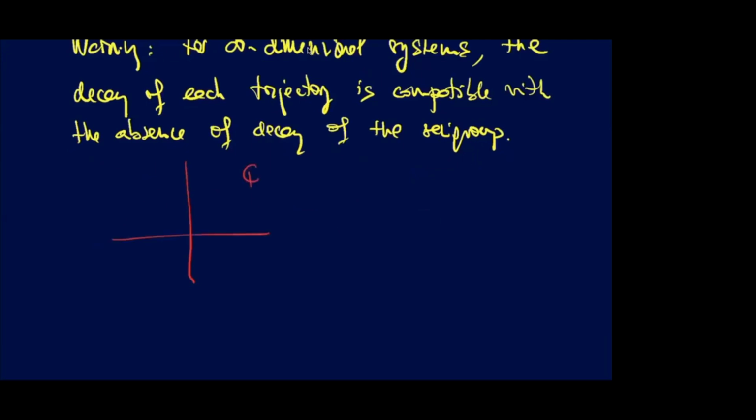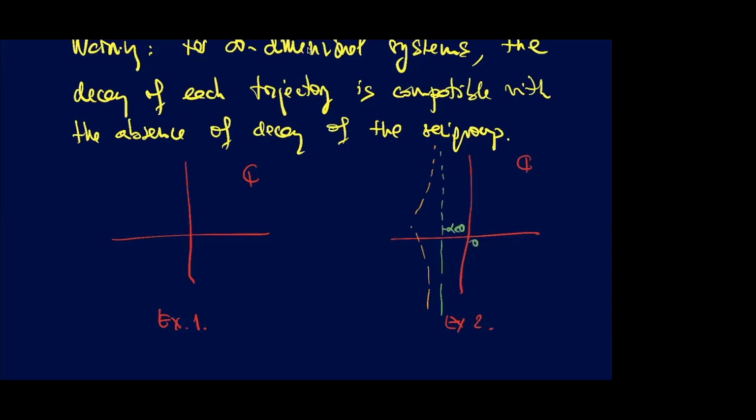So this is example 1, and this is example 2. In example 2, I assume that there is a spectral abscissa, and that all the eigenvalues of the semigroup are to the left of this green line with abscissa minus alpha, which is negative.